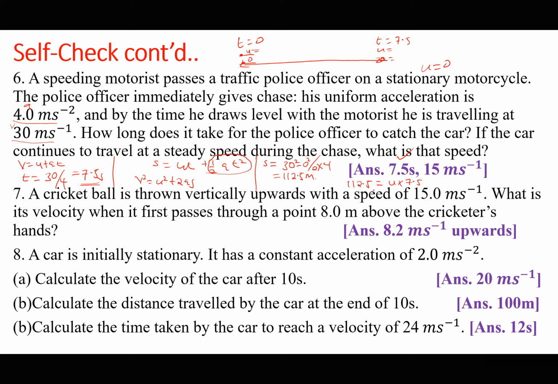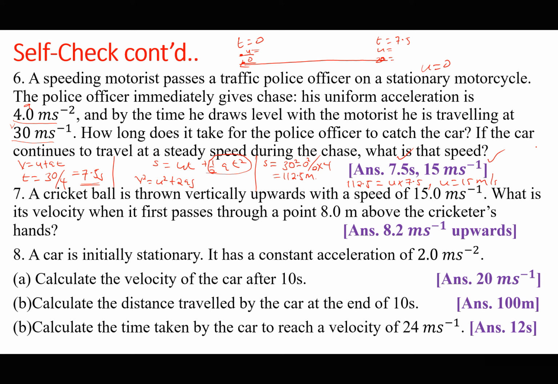That means in that time of 7.5, even the motorist has covered the same distance. So making u the subject, I will just divide 112.5 by 7.5, which gives me u as 15 meters per second. So this answer is correct.